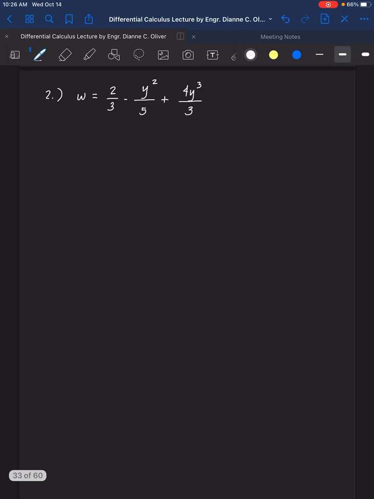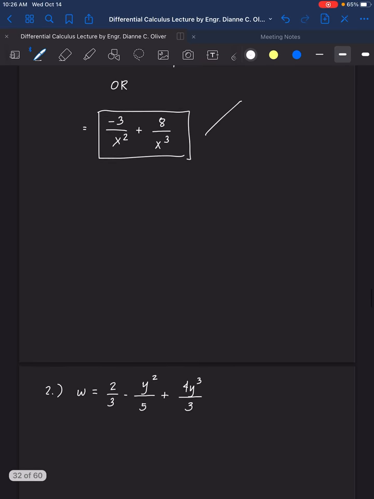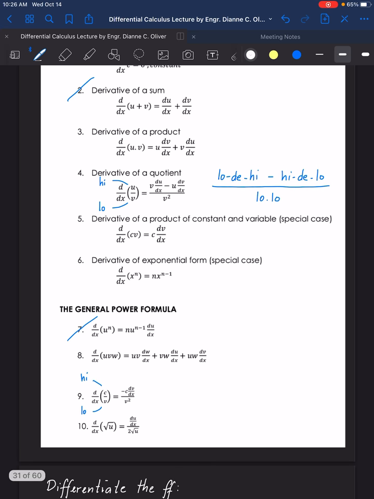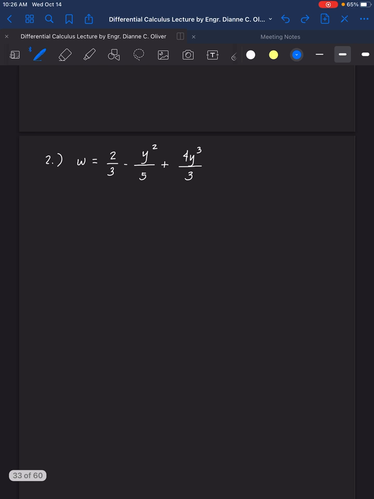Before number 2, we have there W equals 2/3 minus y squared over 5 plus 4 y raised to 3 over 3. So you're seeing here fraction. So you might have in your mind using the derivative of a quotient. Can we use derivative of a quotient here? Yes, we can, but that will be a lot more complicated.